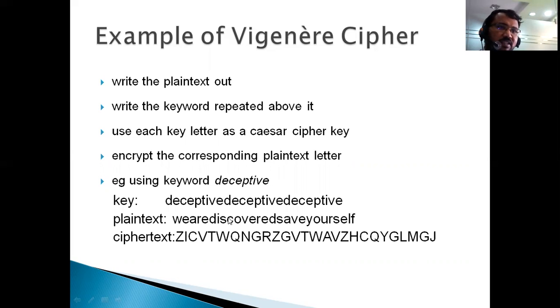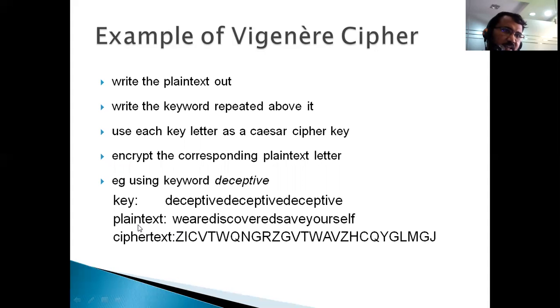Now to convert that plain text into cipher text, we need to repeat the keyword to generate a key which is equal in size to our plain text. Whatever the plain text size is, the same size key should be generated.